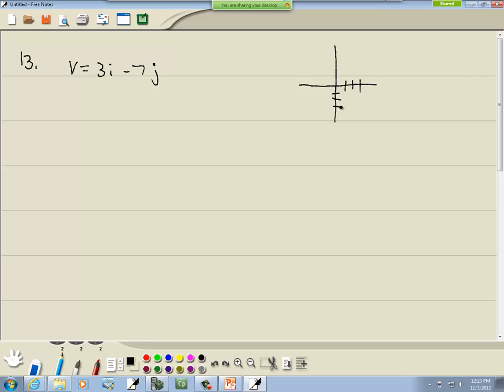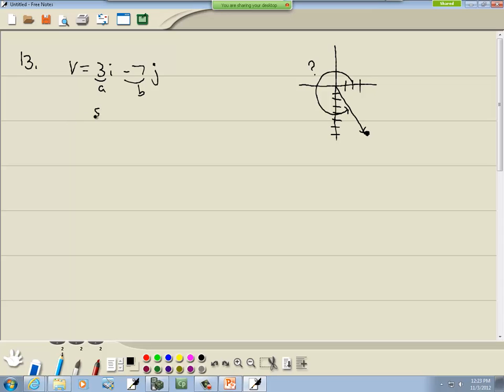So we got negative 7 on our y-axis. That would be our point, 3, negative 7. Well, I didn't draw that real good, but there's our vector. So our angle is this right here. Okay, well this is our a, and this is our b.